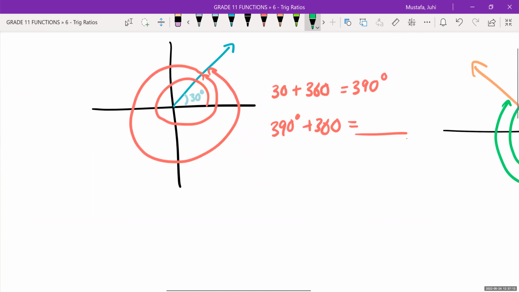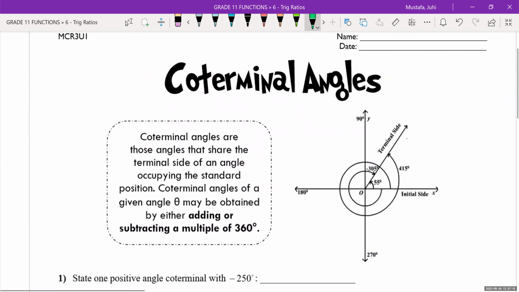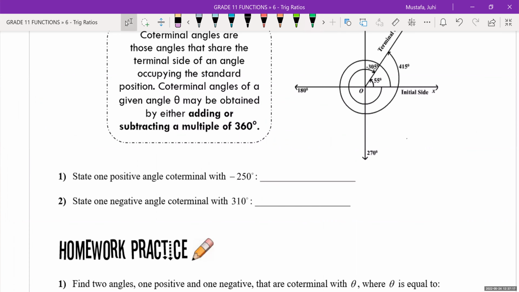So if I were to go back to the sheet and I was to say, state one positive angle that is coterminal with negative 250, you put negative 250 degrees in your calculator. And because I'm asking you for a positive angle that's coterminal, we're going to be adding 360 degrees. And it's going to give me positive 110 degrees.